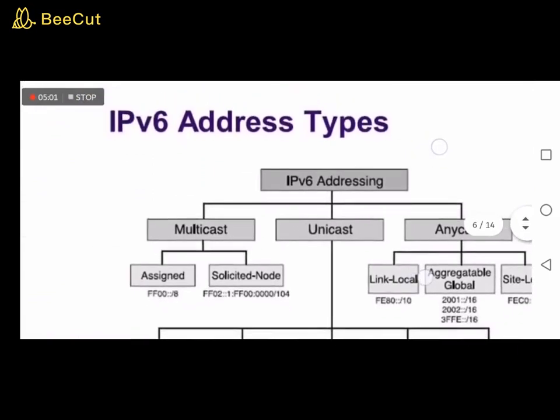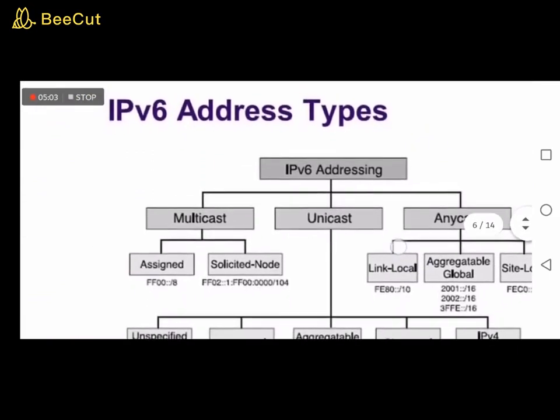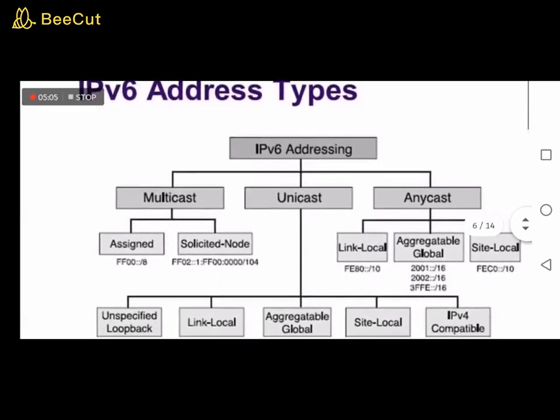IPv6 addresses are classified in three types. The major types are unicast, multicast, and anycast.